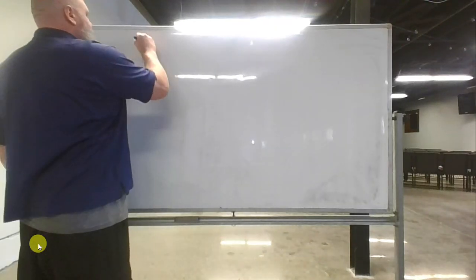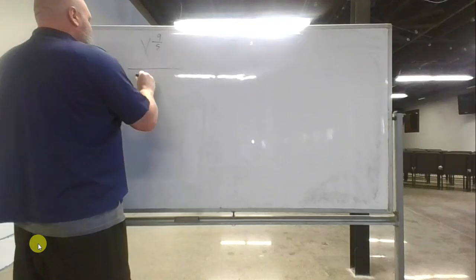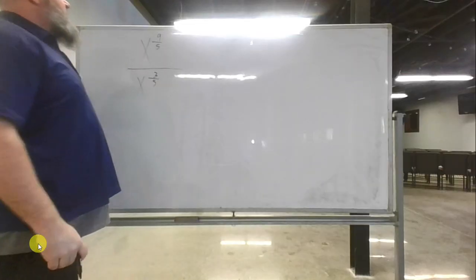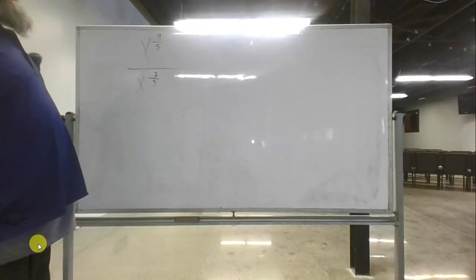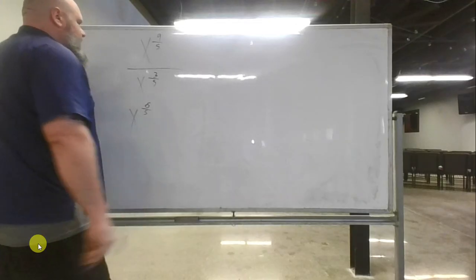How about 4 to the 2/3 times 4 to the 5/12 divided by 4 to the 1/2 power. Let's try this out. Now, in the top, you're multiplying, so you need to add your fractions.